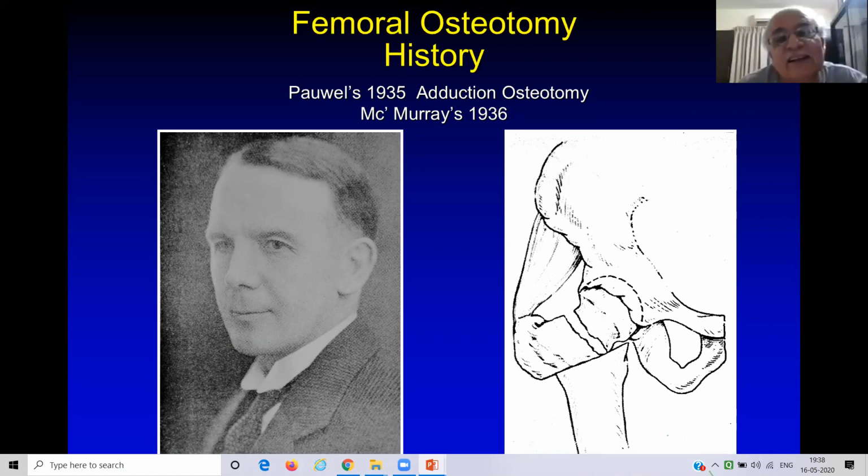Every Sunday, he used to take all the MCh boys on a tour, or sometimes he had a small boat, I think a yacht or something. He used to take them along with that, and they would have a small party. So that was T. P. McMurray. I'm going to show you one or two osteotomies of his also, gentleman.